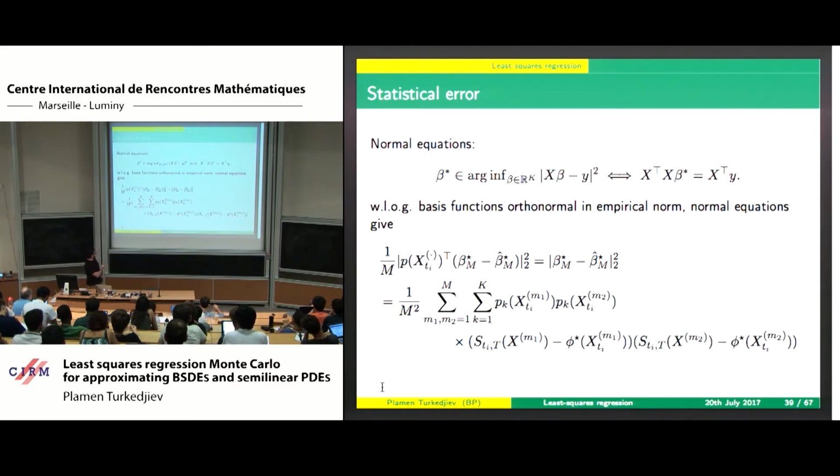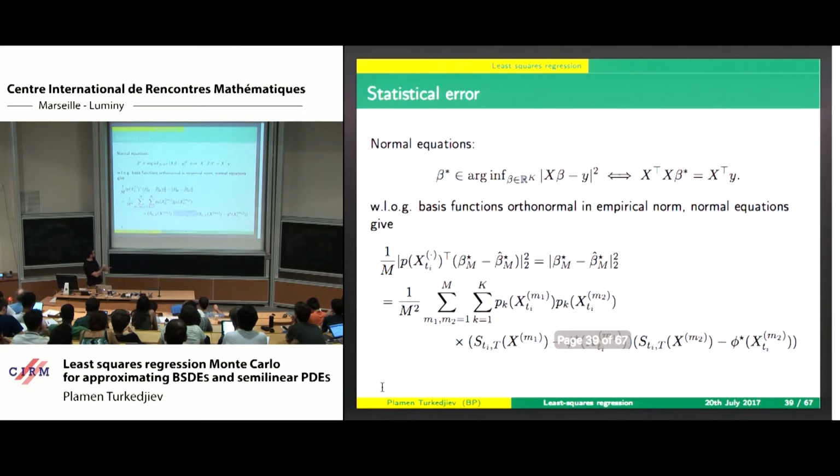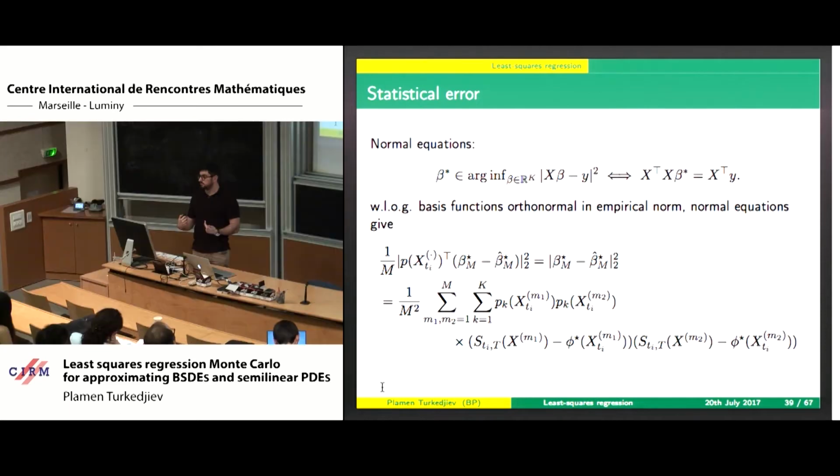Basically, to estimate these terms here, we're first of all going to ignore the expectation and just work on the inner L2 error. In fact, I can assume without loss of generality that the basis functions are orthonormal in the empirical L2 norm.